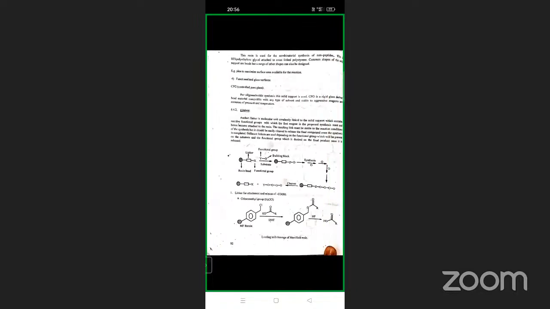And the next requirement is linkers. Linkers are also called the anchor here. This linker will be attached to the solid support with your building blocks here.